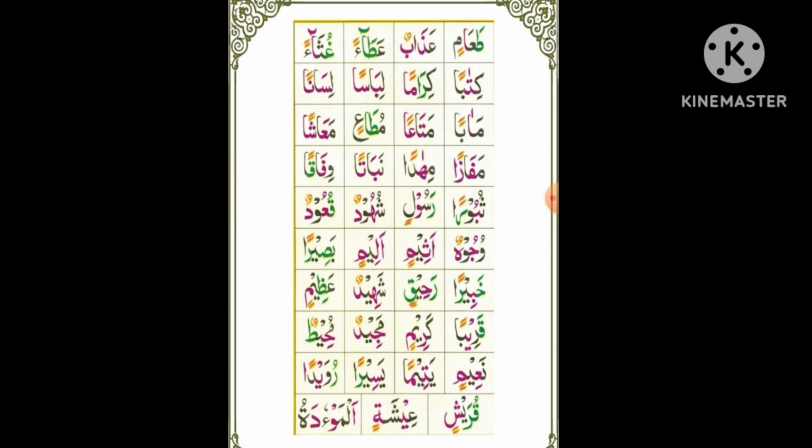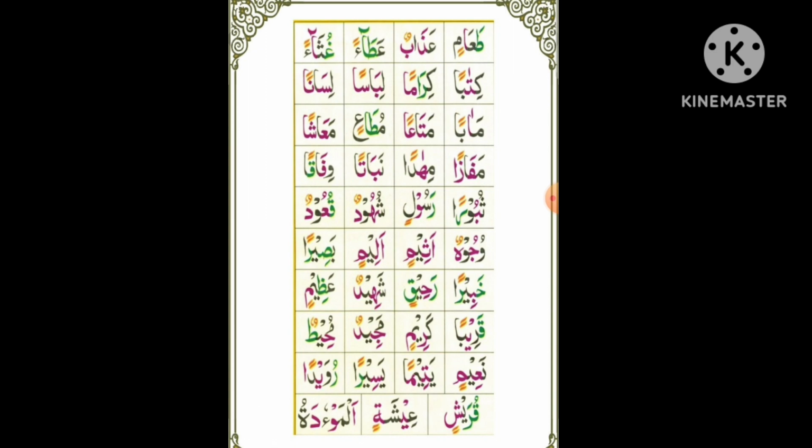Rasulin, shuhudun, qu'udun, wujuhun, athimin, alimin, basiran, khabiran, rahiqin, shahidun, azimin, qariban, karimin, majidun, muhitun, na'imin, yatiman, yasiran, ruwaidan.